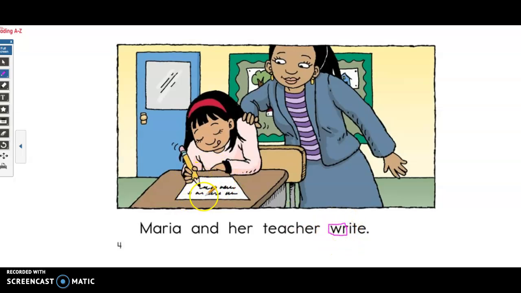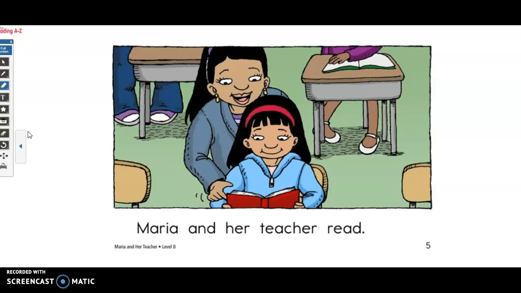What are they doing? Right. Maria and her teacher write. So that sound makes sense. I'm going to read through the whole word. I see a T. And I'm going to check the picture. Yep, makes sense. Maria and her teacher write. Let's look at the next page.